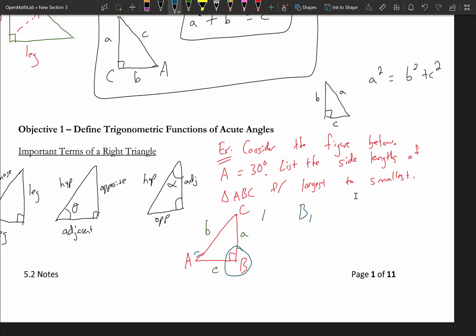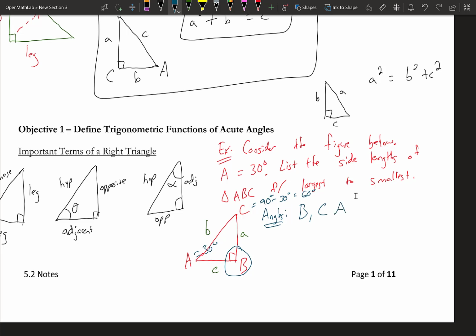These are listing the angles in order. Angle A is 30 degrees, so angle C would have to be 90 minus 30, which is 60 degrees. So angle C would be the next largest angle, and angle A would be the next one.